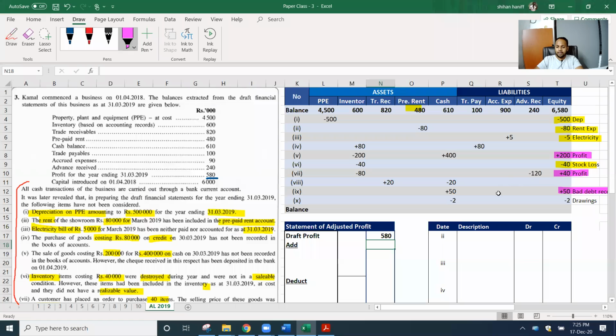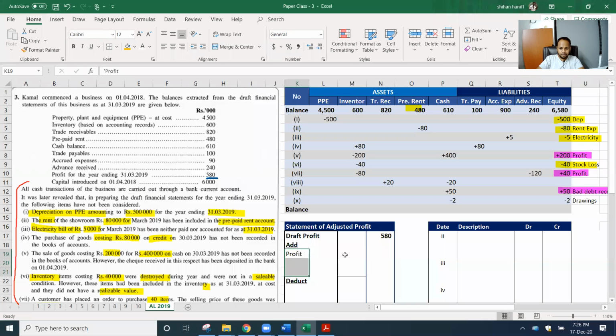So these three will increase the profit, right? So let's record them. For the draft profit, we will add the profit on sales 200. Again, there is a profit of 40.